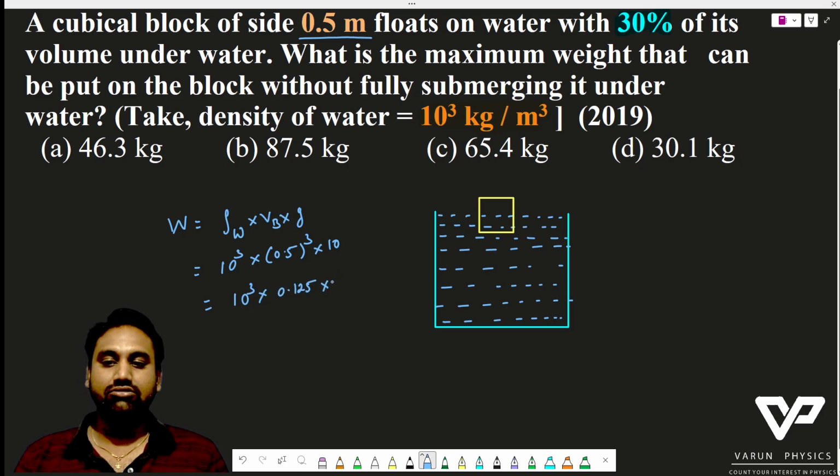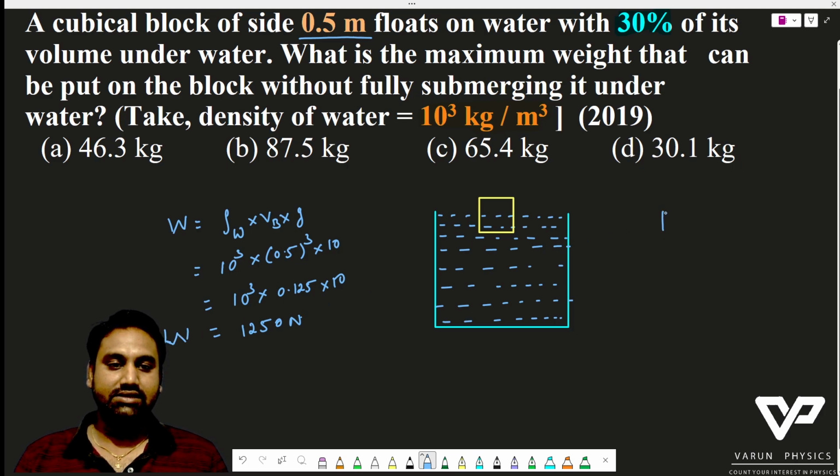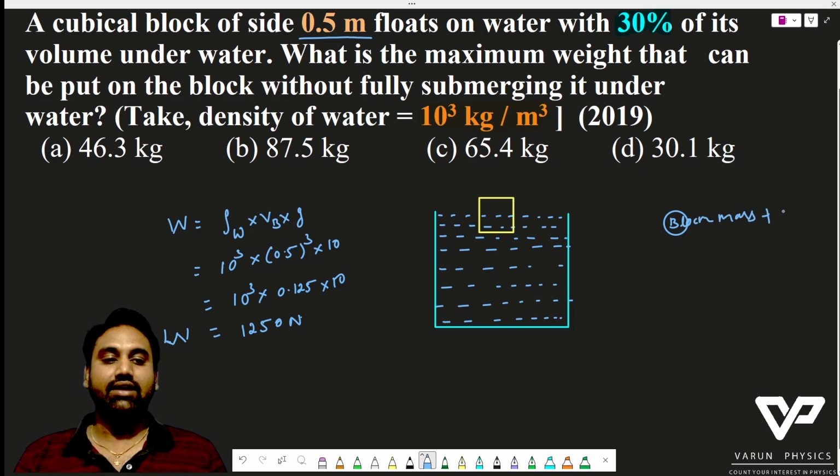Therefore, finally, I will have 10 cube into 0.125 into 10. That is nothing but 1250 Newton of force we are getting. But this force contains the block's weight plus the extra weight we have put on the block for the sinking.